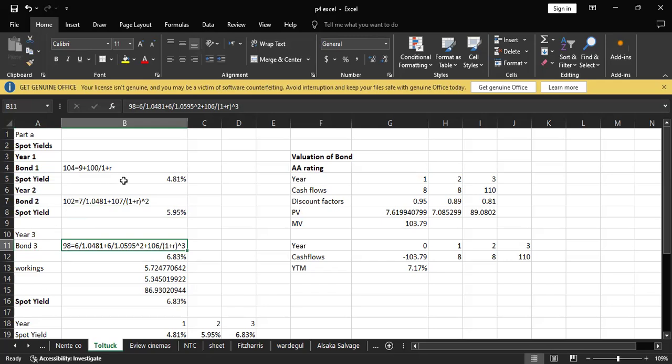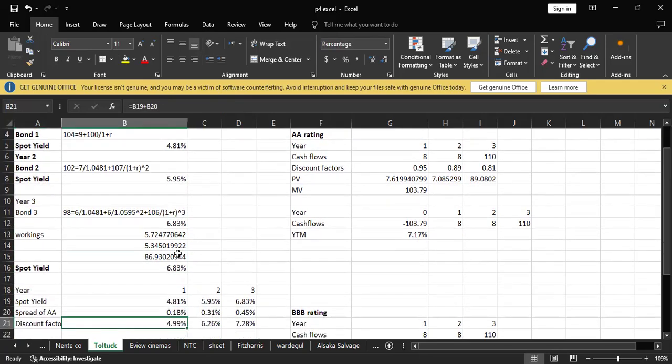So what will happen with the help of the bond givens? We will first compute the spot yield. Like the spot yield for year 1 is 4.81, for year 2, 5.95, for year 3, 6.83. When you have gone through these calculations, now these are the spot yields, you will have the spreads, and then you will compute the discount factors.